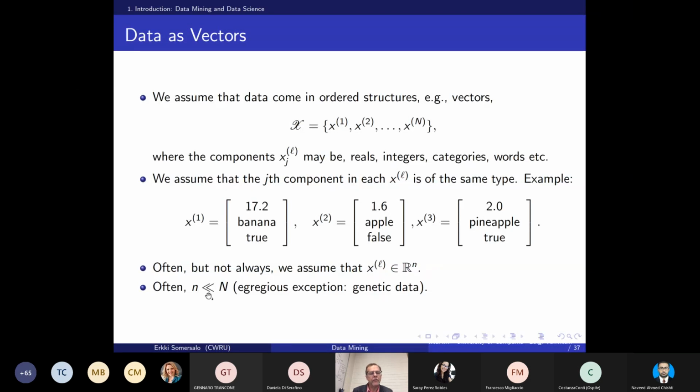Now, often n, which is the number of attributes, is much less than the number of data points. So n is here the number of attributes, like 3 here, and N is the number of vectors you have. And there are examples where this is not the case. So take genetic data, like genome data.